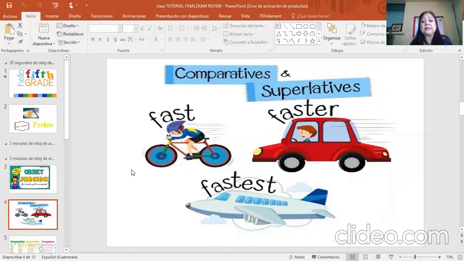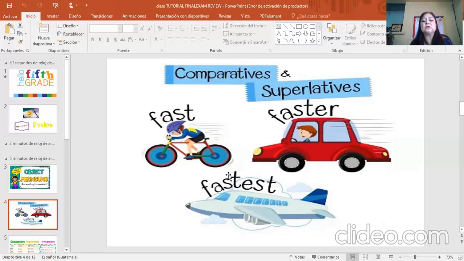Here we have a boy on his bicycle that is fast. This boy and the bicycle are fast. This boy and his car is faster. So this boy is faster than this boy. And we have here fastest. This is the superlative. This is faster than the car and than the bicycle, boys.